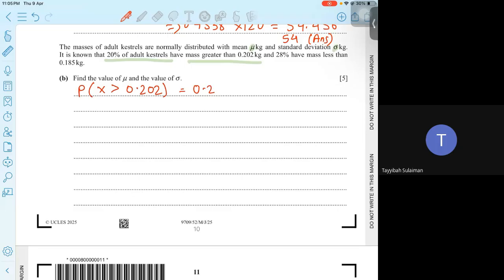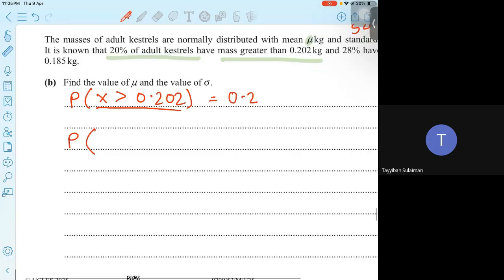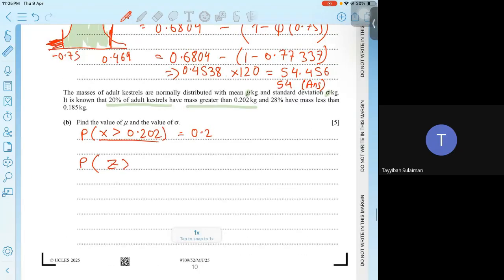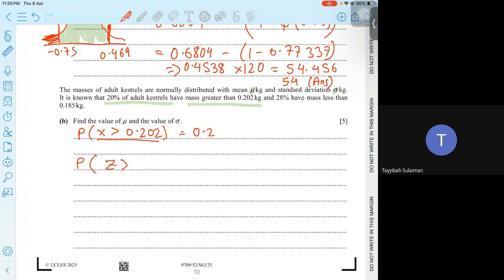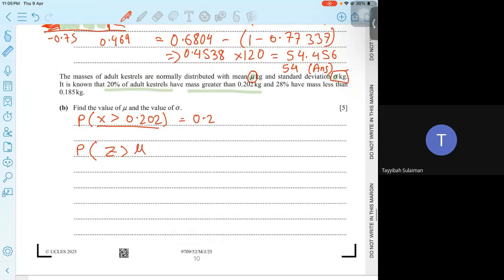Then, put into the Z formula, it is P(Z > (0.202 minus mu) over sigma), where mu is the mean and sigma is the standard deviation, and this is 0.2, right?